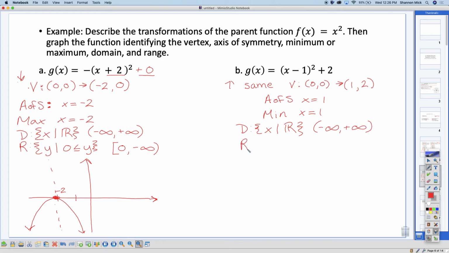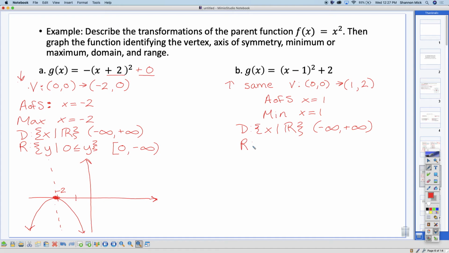Okay, now we need to do range. And let's see if we can kind of guess on the range before we draw our picture. When we did the first one, it was less than the number because it was a negative. It was a maximum, wasn't it? So this one's a minimum, so it's going to be higher than that number, isn't it? So what is the y value of my vertex? 2.